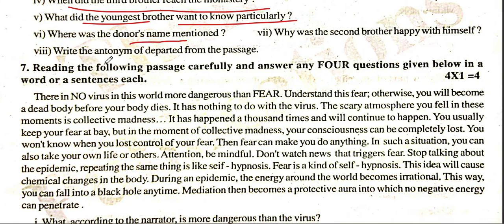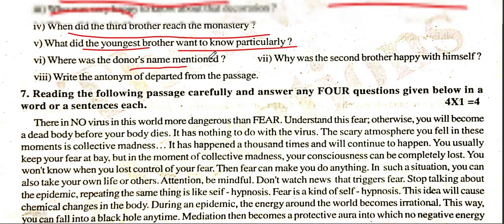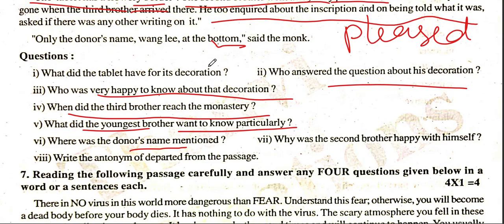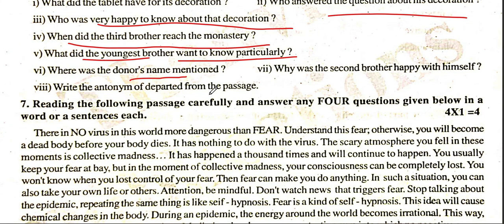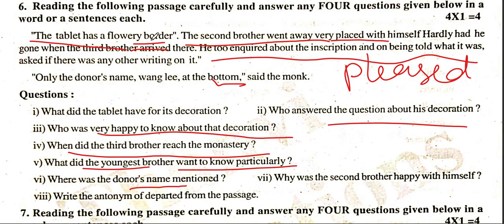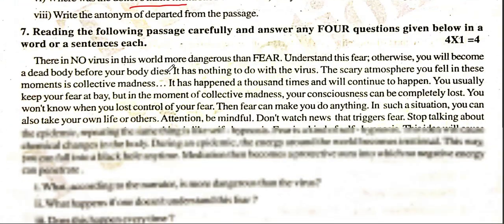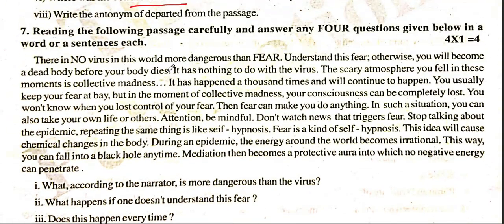Last question. Write the antonym of departed from the passage. So the antonym of the word departed will be go, gone somewhere. Hardly had he gone, and here we have once went also. So go or gone.